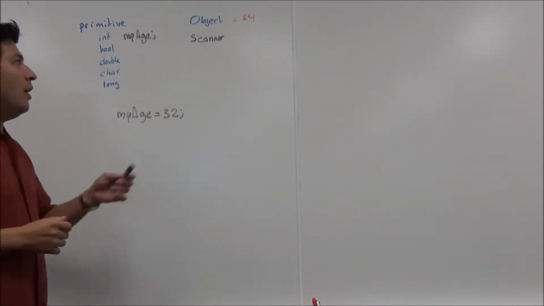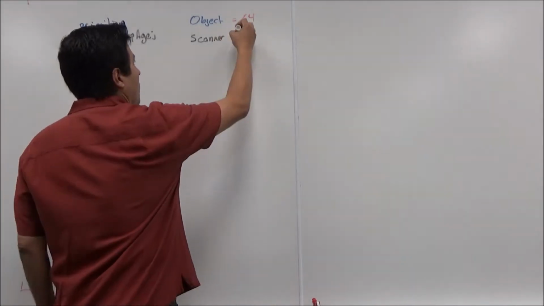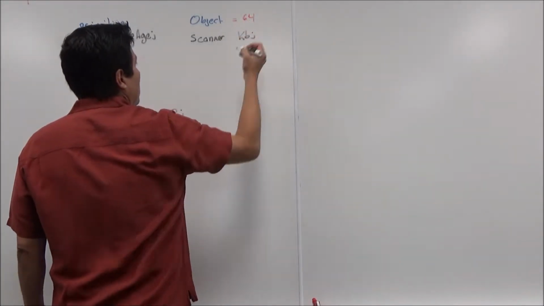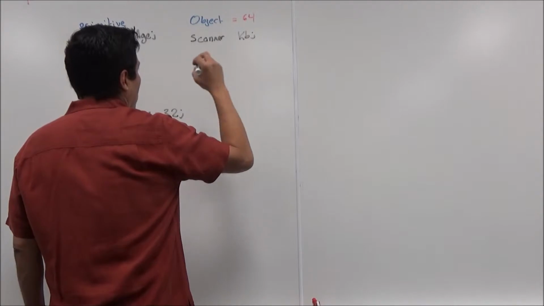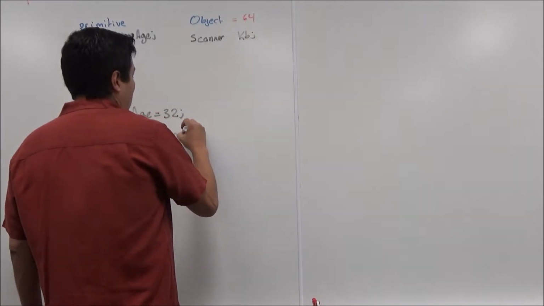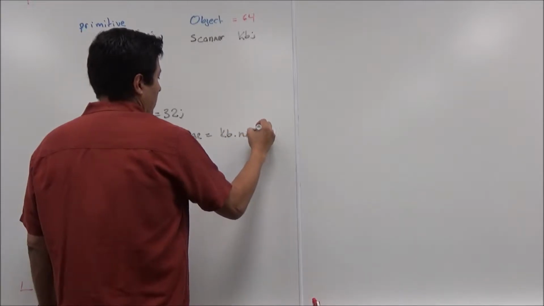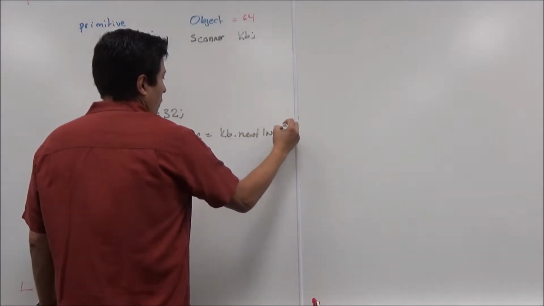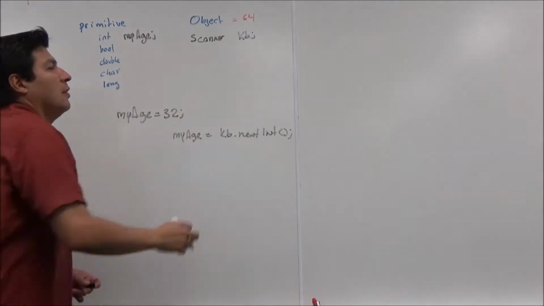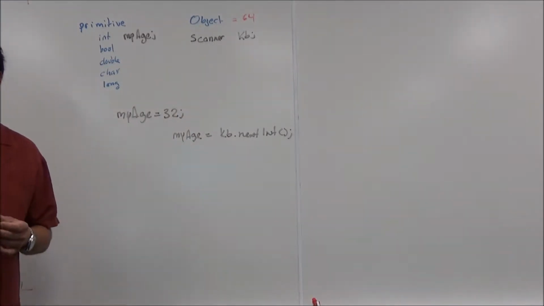But when we declare the object Scanner and we call it keyboard, I couldn't do my age equals keyboard dot nextInt. We couldn't do that because we had to create this first in memory, right?